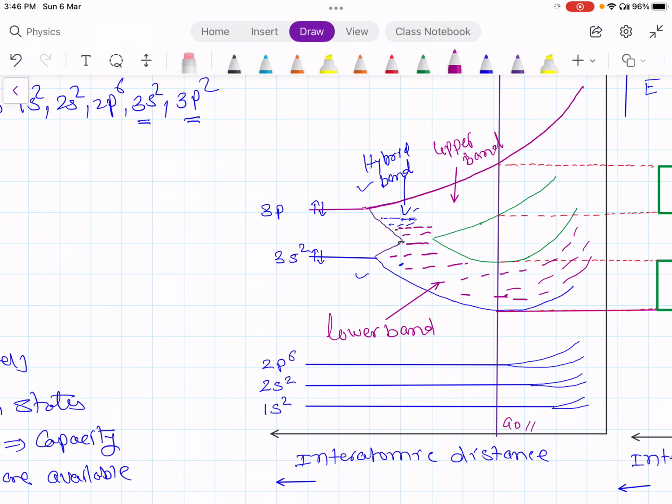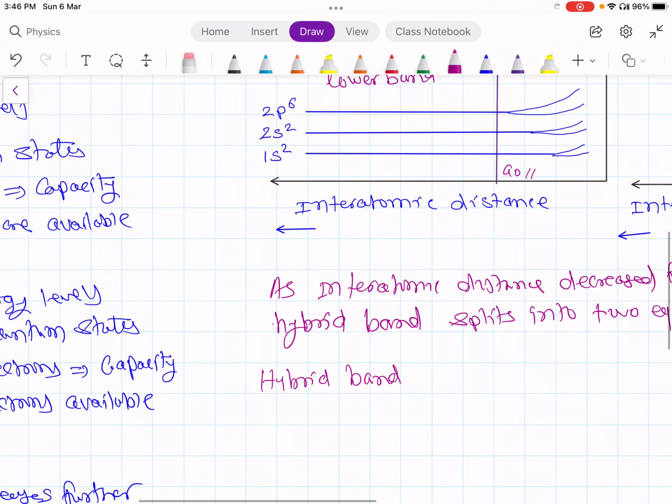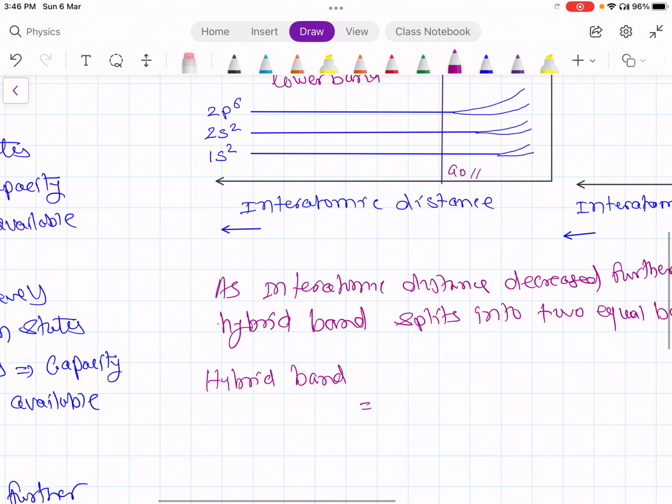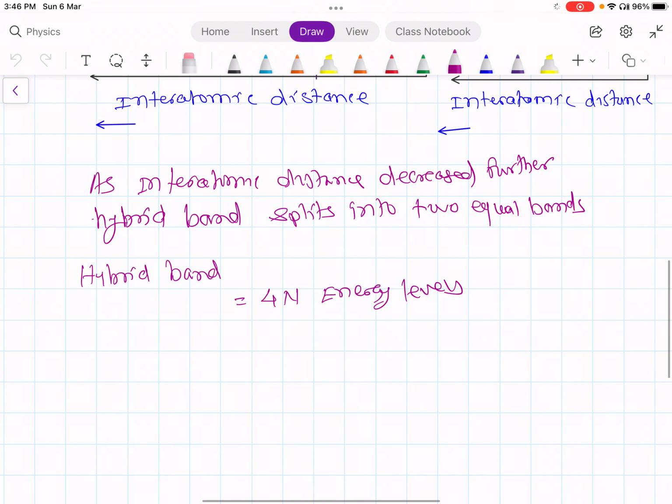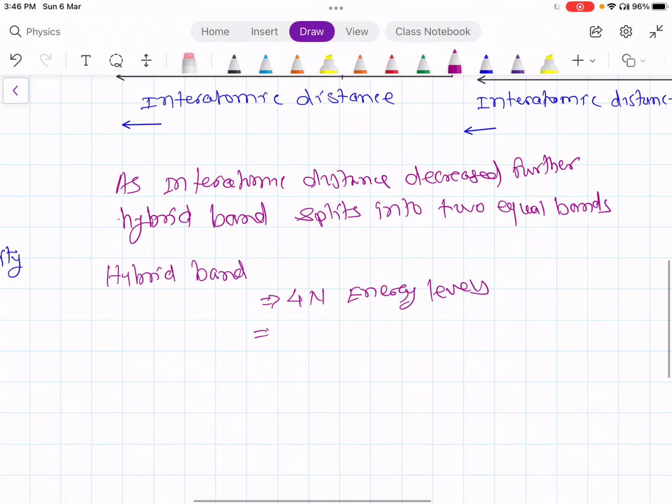The 3s band is having n energy levels, 3p is having 3n energy levels. So in the hybrid band, there are 4n energy levels, and therefore 8n quantum states.